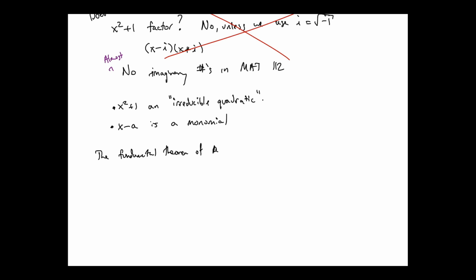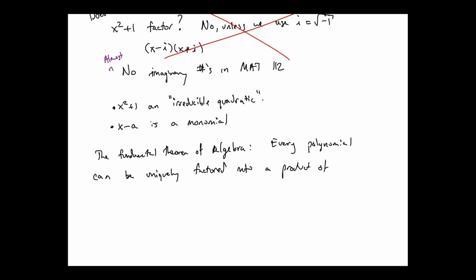That brings us to the fundamental theorem of algebra, which is that every polynomial can be uniquely factored into a product of monomials or irreducible quadratics over the real numbers.